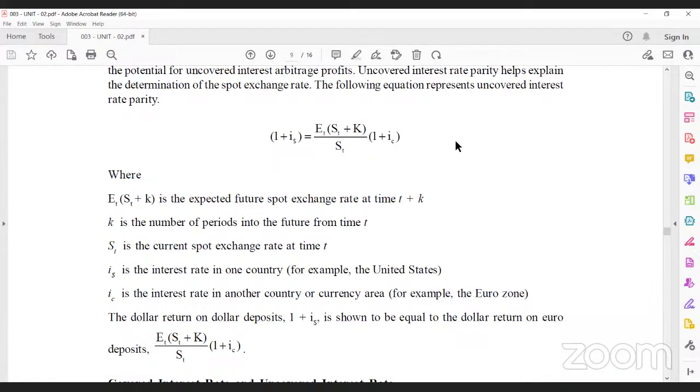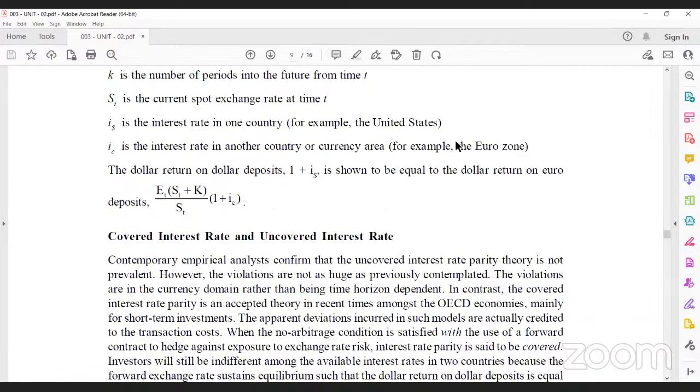K is the number of periods into the future from time T. S is the current spot exchange rate at a given time. I is the interest rate in one country, for example, the United States. Again, I is the interest rate for another country, like suppose the Eurozone. Hence this equation is formed, which can be used to calculate the uncovered interest rates.